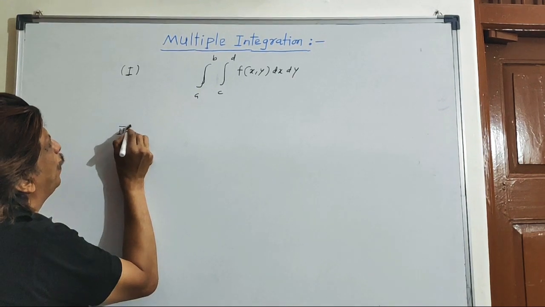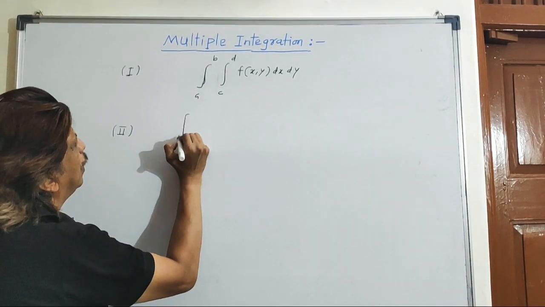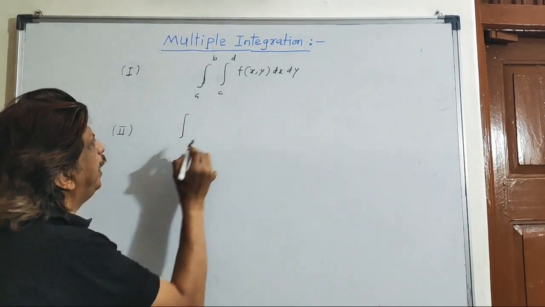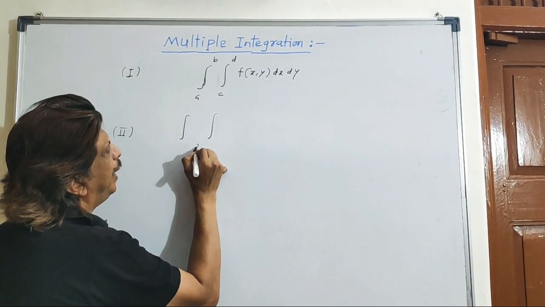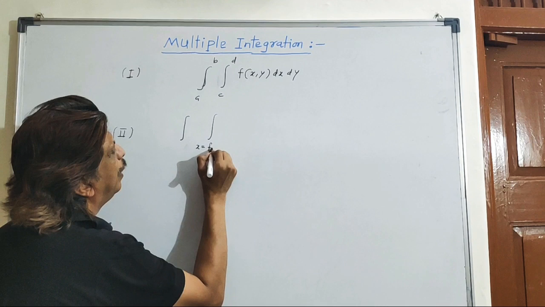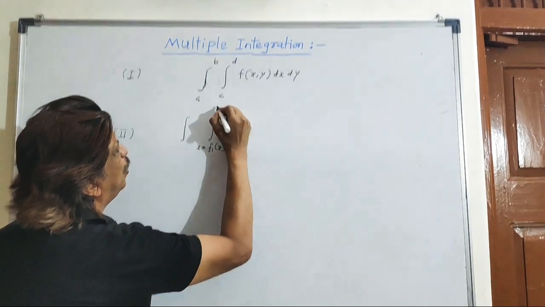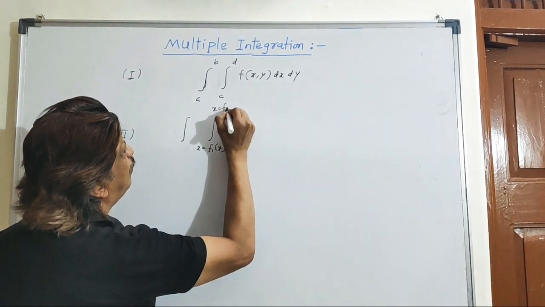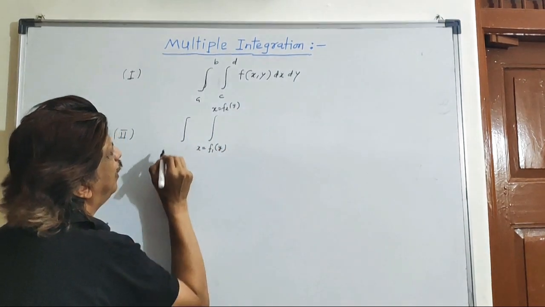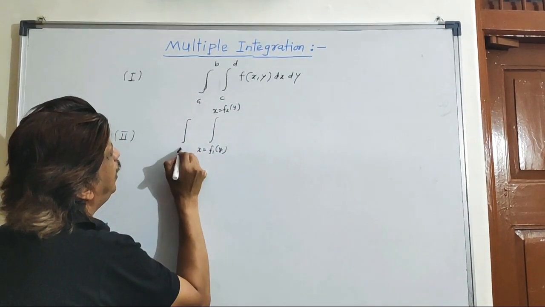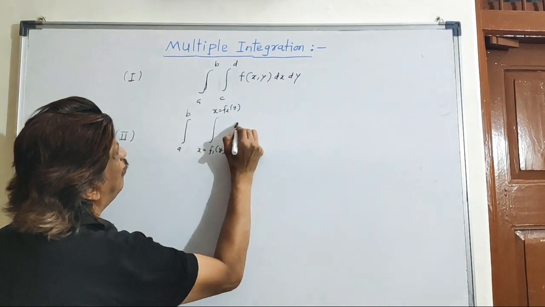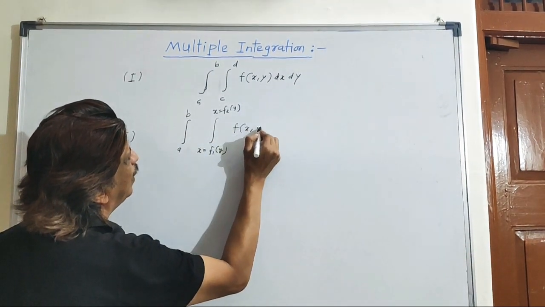What is type 2? Integral from x equal to f1 of y to x equal to f2 of y, integral from a to b, f of x y, dx dy.